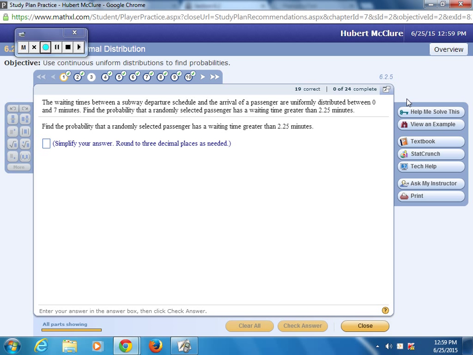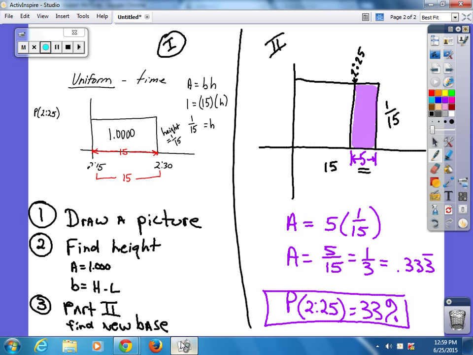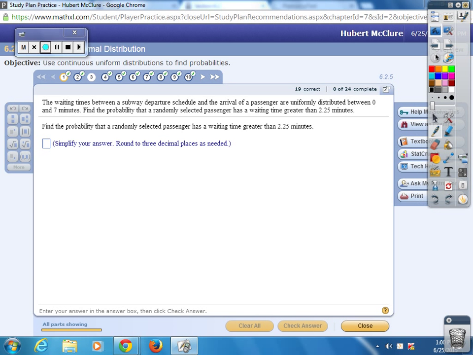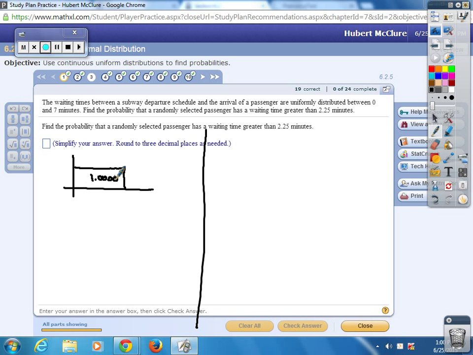All right, bring it down. So, I'm going to divide this into two sides, part 1 and part 2. Part 1, and we got a base of what? 0 to 7 is 7. So, the area 1.000 is equal to 7 times height.